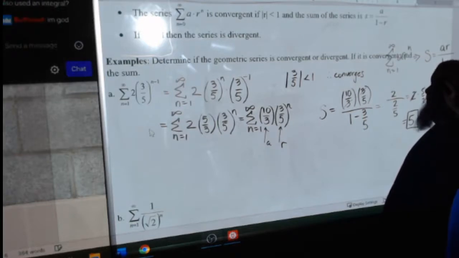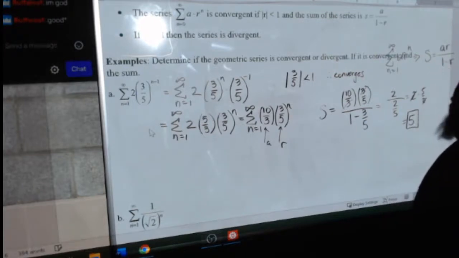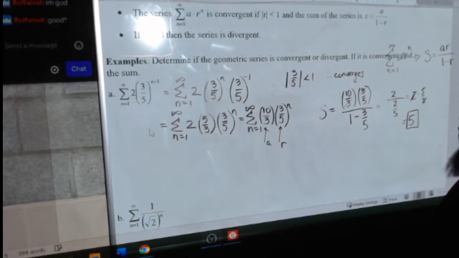Couldn't we have also used an integral? Later on we're going to use an integral test to see if something converges or diverges.